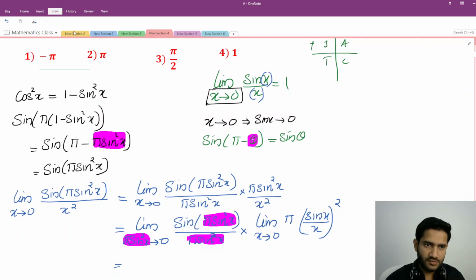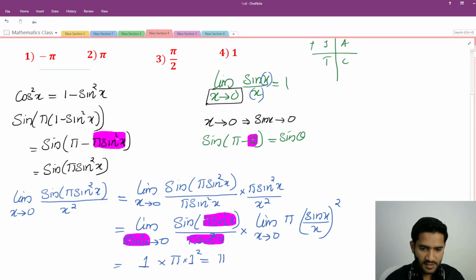So the answer should be 1. That's all. Here pi is constant, sine x by x, limit x tends to 0, sine x by x is 1. So 1 square, so the answer is pi.